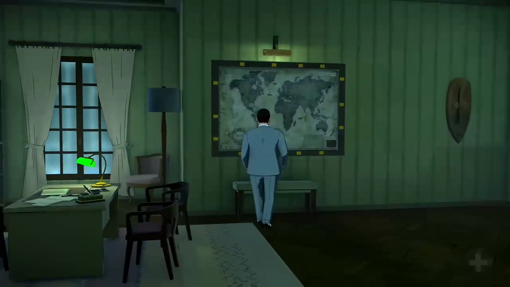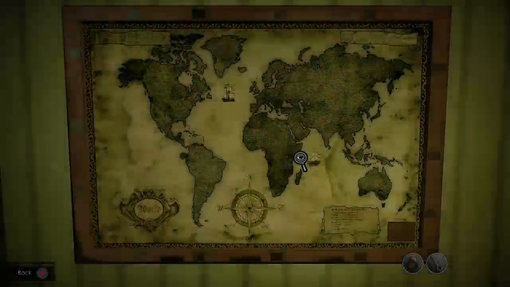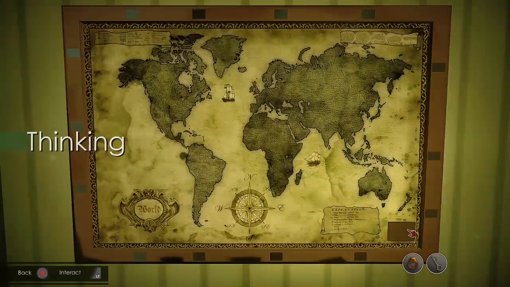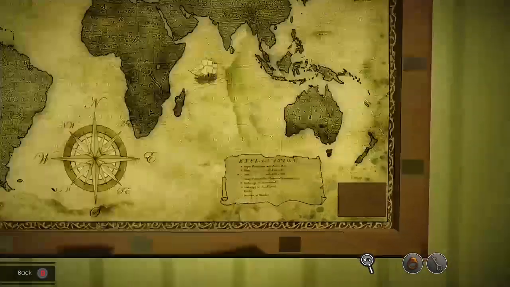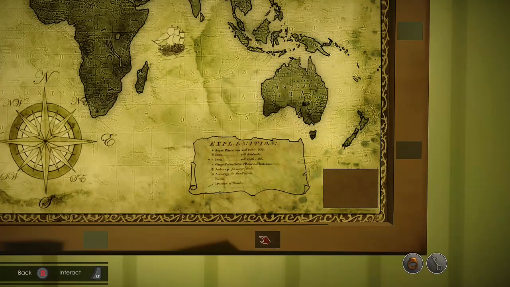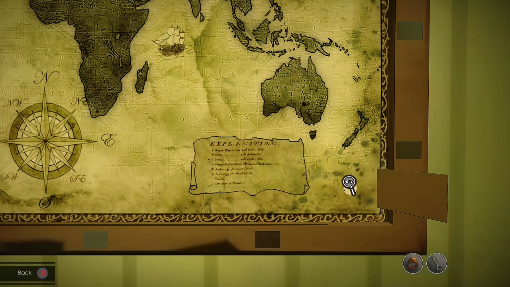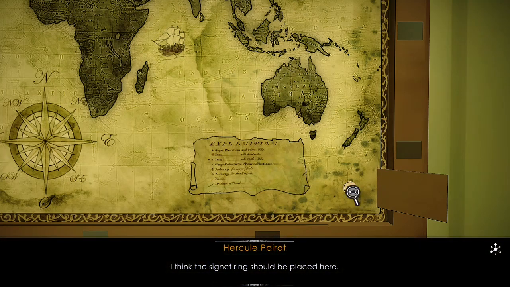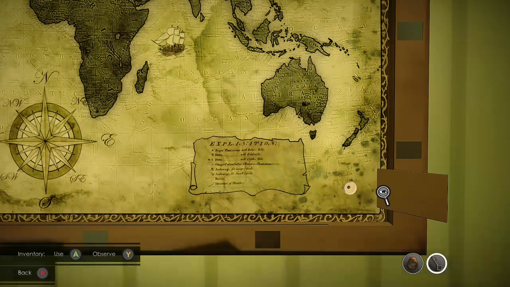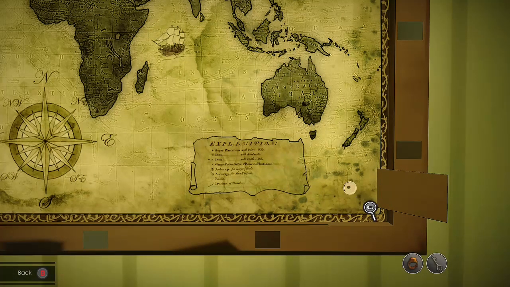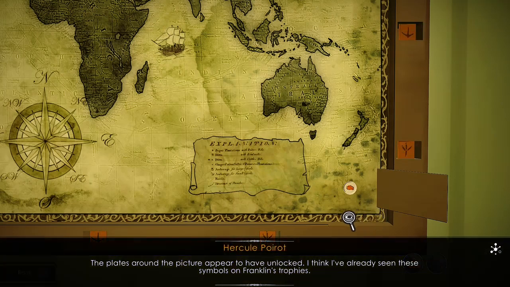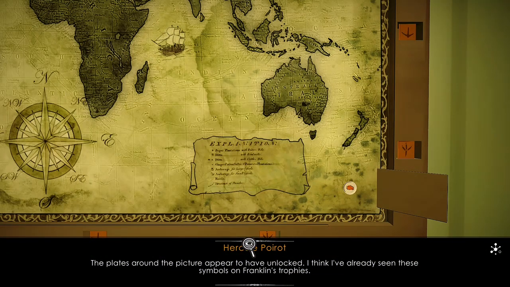So this is the only thing. This plate appears to be a... I think that signet ring should be placed here. Okay. The plates around the picture appear to have unlocked. I think I've already seen these symbols on Franklin's trophies.